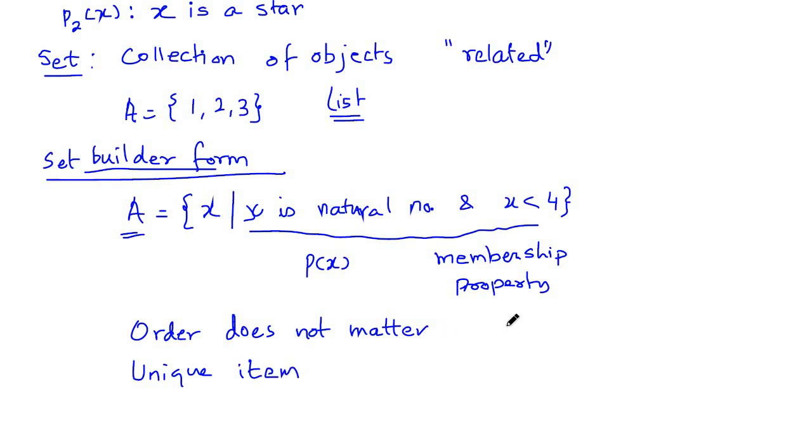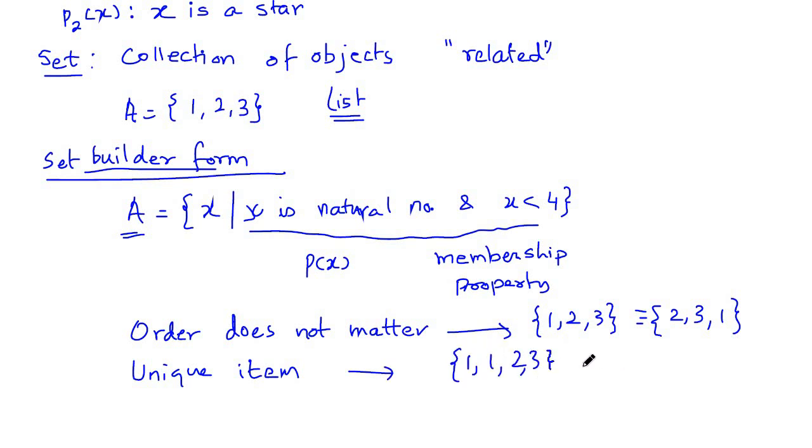Considering the first property, we say that {1, 2, 3} is equivalent to {2, 3, 1}, because they do not differ in order. Similarly, considering unique items, {1, 1, 2, 3} cannot be a set. It is not a set.